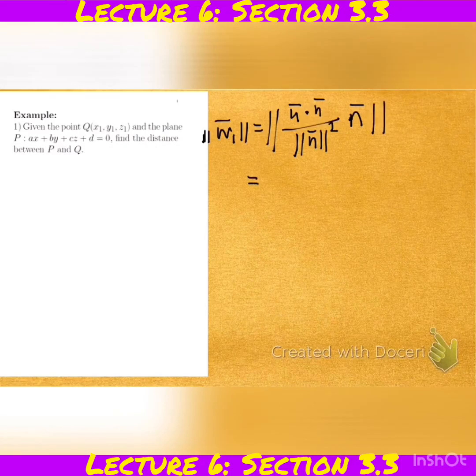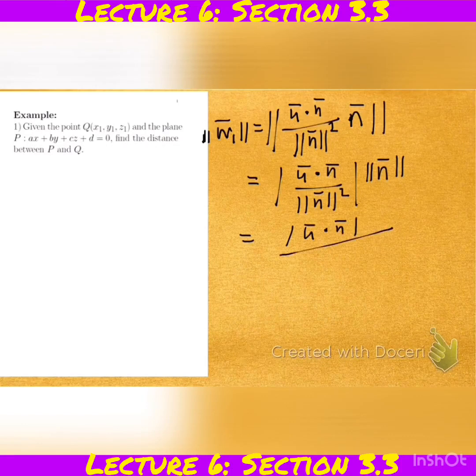So that then becomes, according to my norm rules, that I treat as a constant, and I multiply that with the norm of n, and that then cancels, and you're left with the absolute value of the dot product between u and n, divided by the norm of n. Sorry, there's no squared there, it's already cancelled.